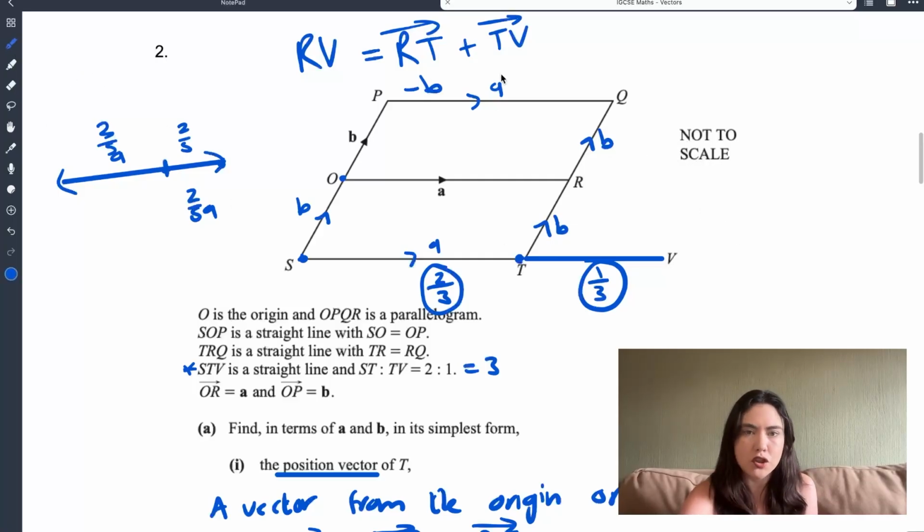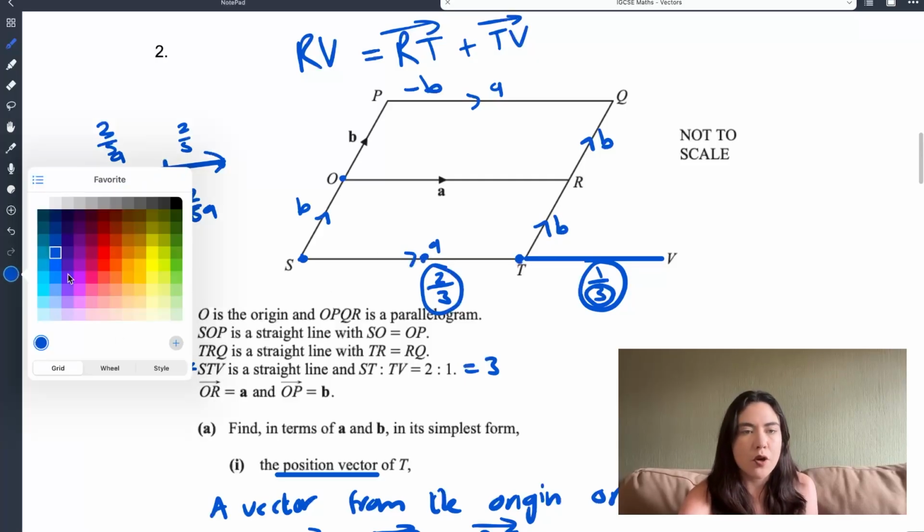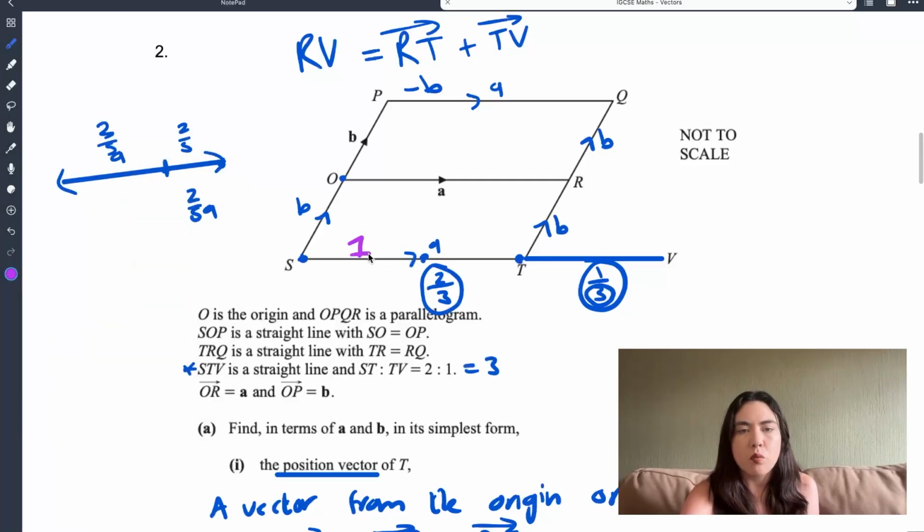Instead, we realize that S to V is split into 3 parts. So we've got part 1, part 2, and part 3. I'm just going to do the parts in a different color. Part 1 is from S to the middle of ST, part 2 is from the middle of ST to T, and part 3 is from T to V. So the line is split into 3 parts, where a represents 2 of the parts.